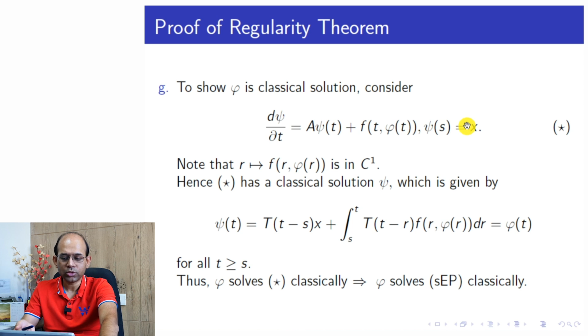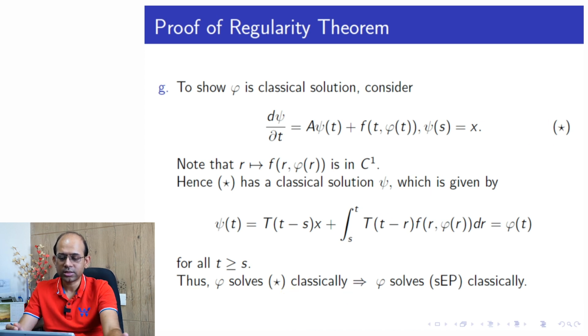Earlier I could not, because by fixing phi here, I only knew that it has a classical solution psi, and this relation is satisfied by psi classically. Then we show that this psi is the same as phi, and we can conclude that phi solves this classically. The argument has some steps. So we are done. Thus phi solves this star classically.